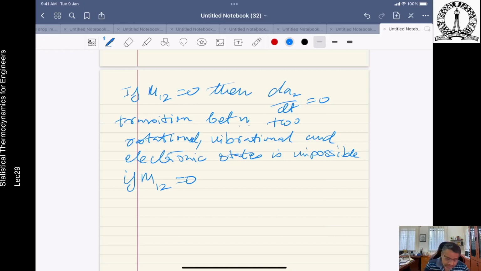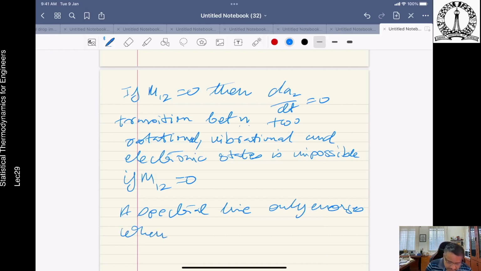So a spectral line only emerges when its transition dipole moment is non-zero.